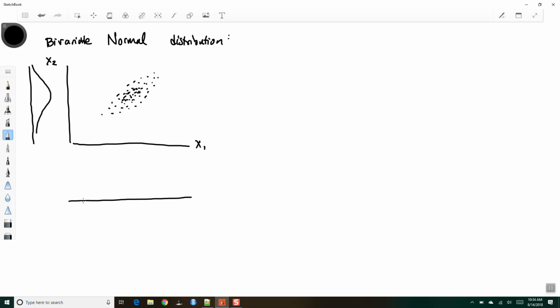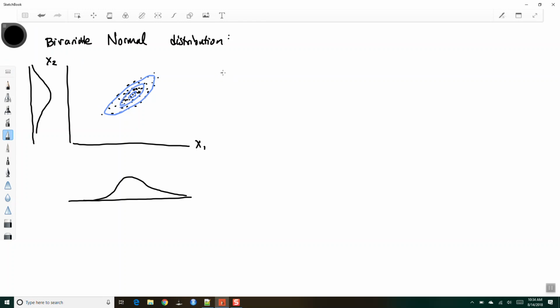It would look like a normal distribution over here, and it would look like a normal distribution over here. But then, looking at the contours, there's obviously some kind of relationship between the two, right?